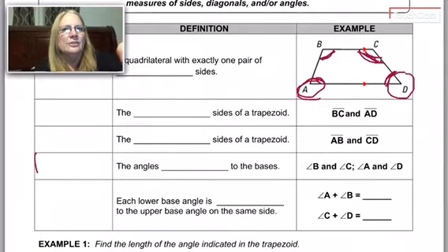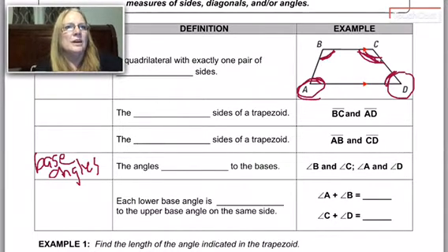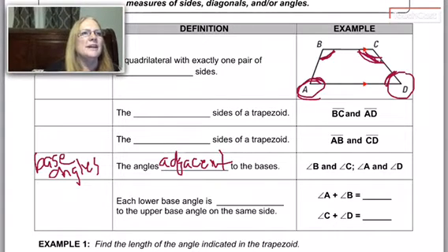Those are the base angles. And the base angles are just the angles adjacent to the bases, the ones that are there on the base.